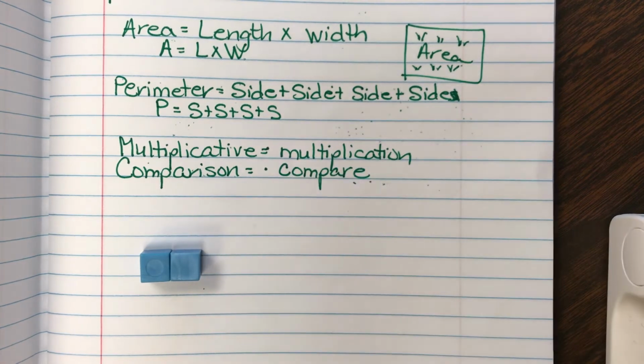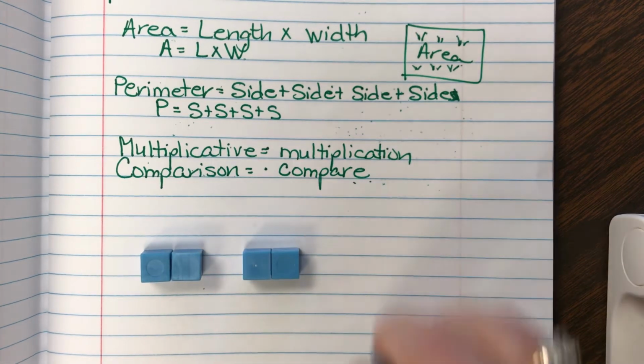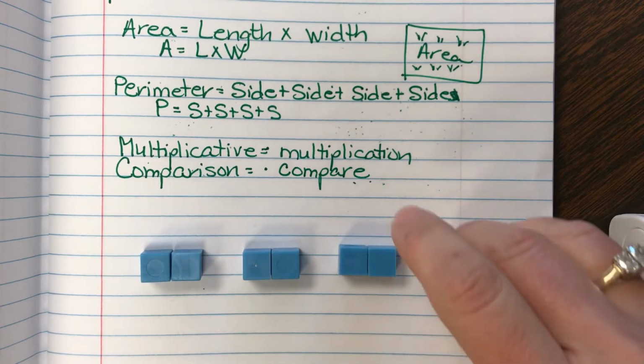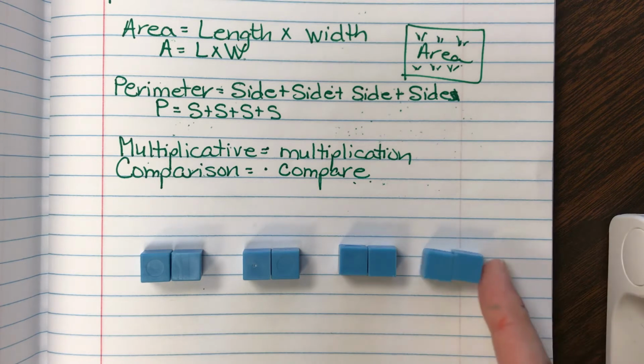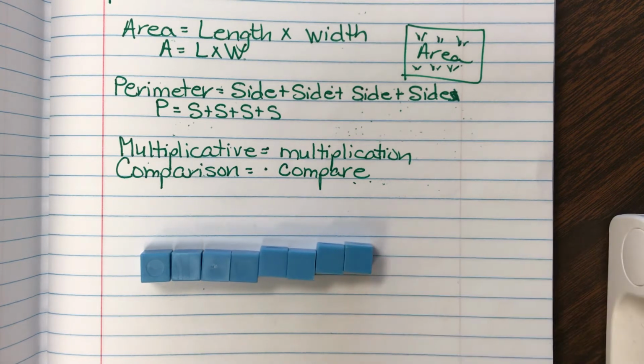Or if I'm starting off with 2 and we say it's 4 times as long, there's 1, 2, 3, 4 times as long, and then we're going to slide them all together, and there's our shape. So friends, this is very, very simple. You just did multiplicative comparisons right there, as easy as that.